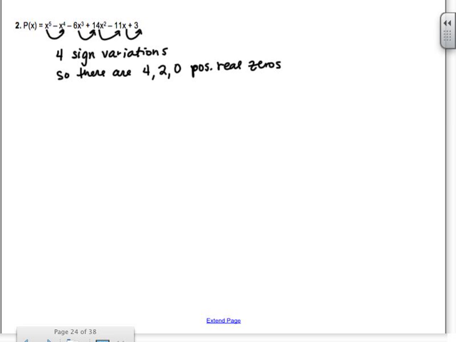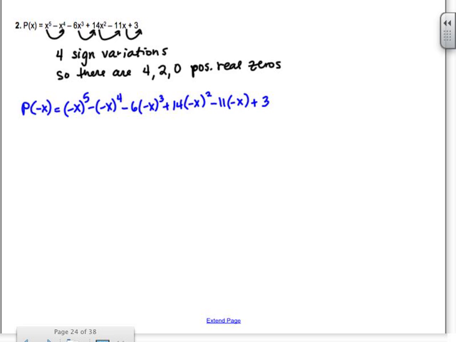Okay, now we need to find p of negative x. And like I said, this is where people make the mistakes because they have trouble computing p of negative x. So p of negative x, everywhere you have an x, you're going to replace it with parentheses negative x. So you get negative x to the fifth, so that's negative x to the fifth, right?